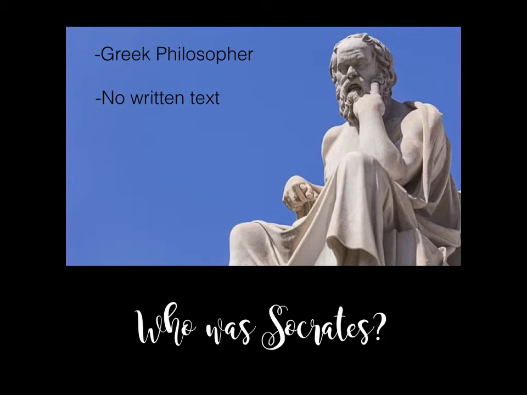And Plato writes a lot about how Socrates contributes to ethics and ironies and discussions of philosophy. In fact, Socrates is often known as the founding figure of Western philosophy.